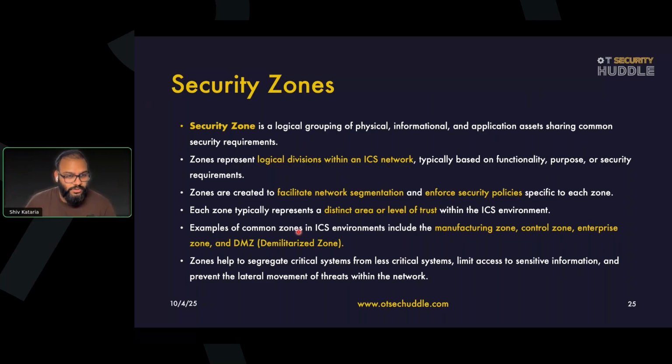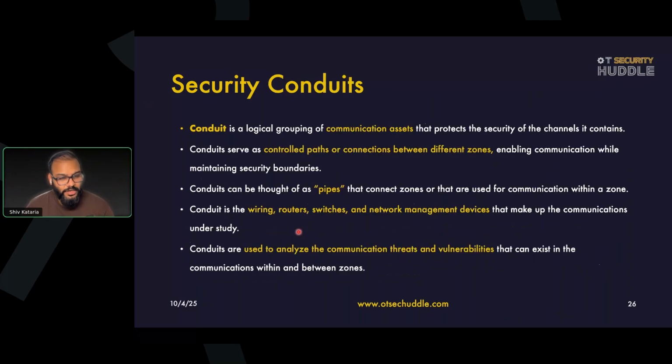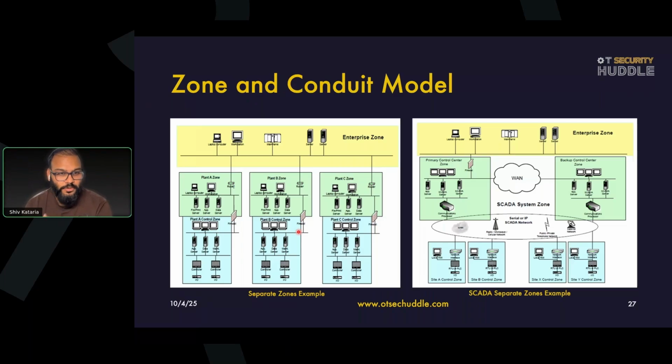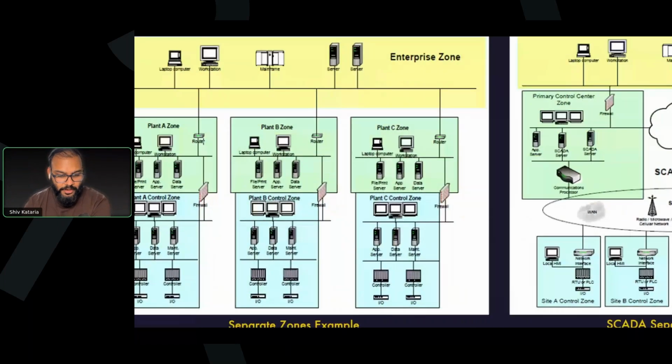With zones, there is also a related thing, which is a conduit. Conduits are basically your network pipes, which support communication between two different zones. You would typically have wiring, routers, firewalls, and network management devices sitting in it. These are typical examples of different systems and possible zones that you could create. If there is a SCADA zone like this, there could be an enterprise network.